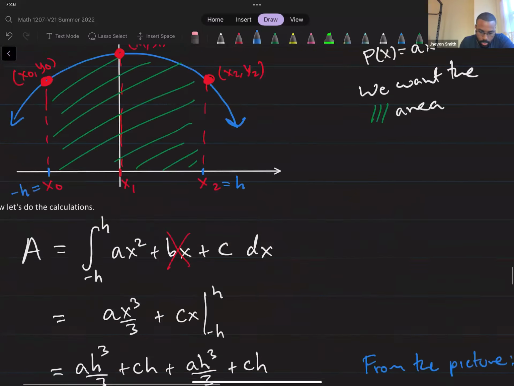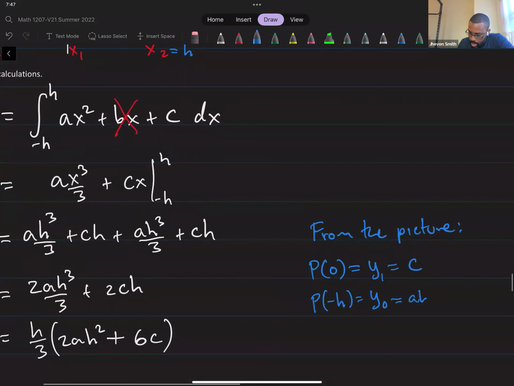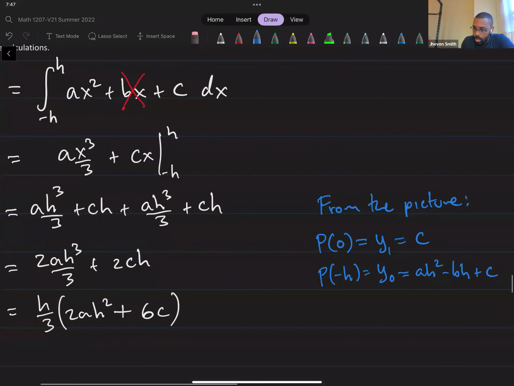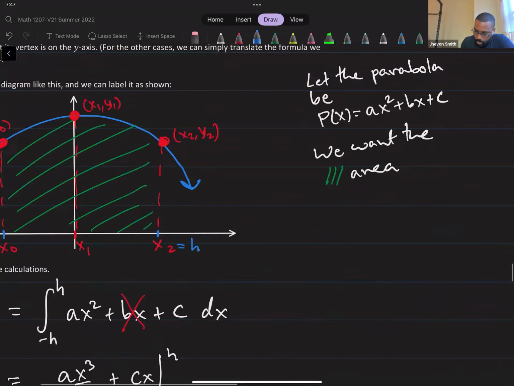But y0 is also ah squared plus minus h, so it's minus bh plus c. And then I also know that at h, this is equal to y2 according to my diagram.